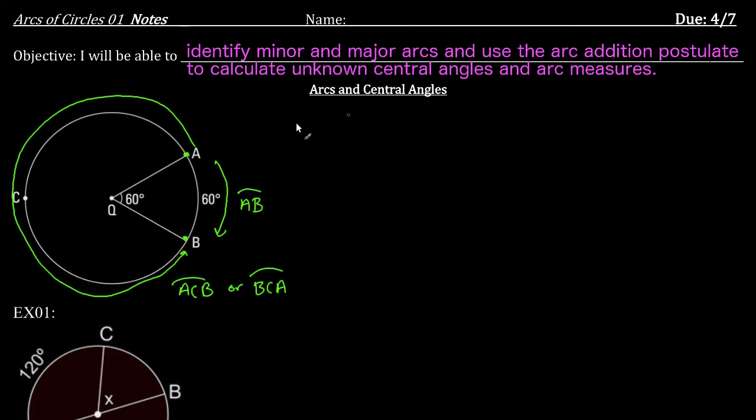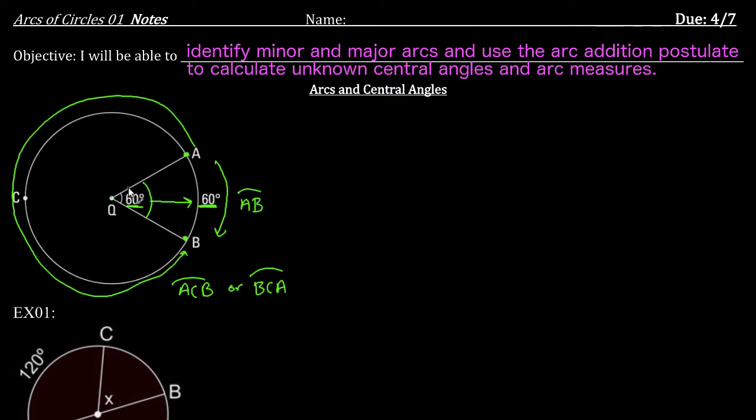So rather than give you a definition of arc, it's easier just showing you what an arc is. Central angle. So this 60 degrees right here is a central angle to this arc. If you notice, the central angle starts from the center and opens up to create the arc. Now, the central angle and the arc have the same measure.